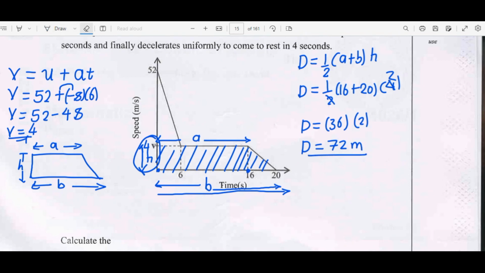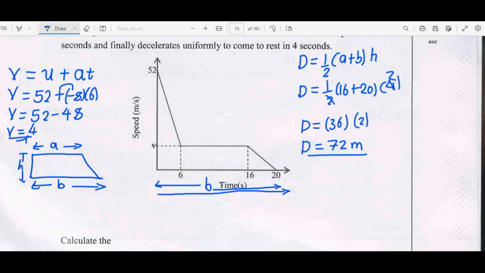Now let me get rid of this so that you may not be confused. Now we need to find the distance of this part. This part, as we can see, is a right angled triangle. So we are going to use the formula distance is equal to half multiplied by b times the height.